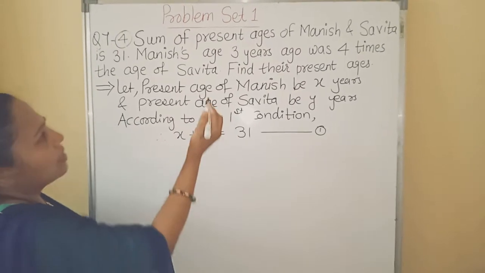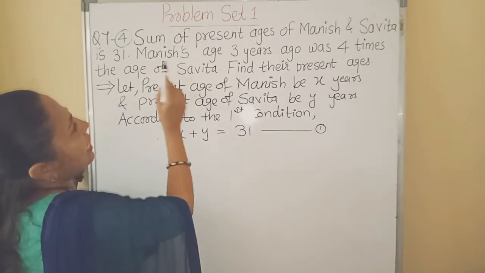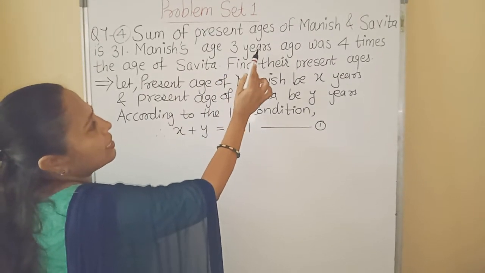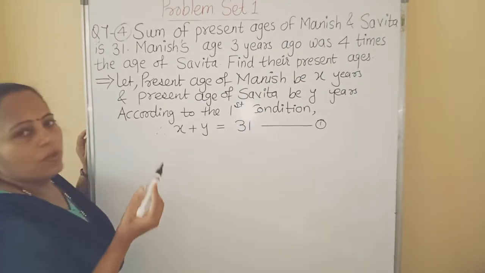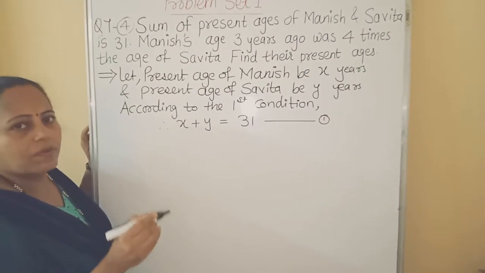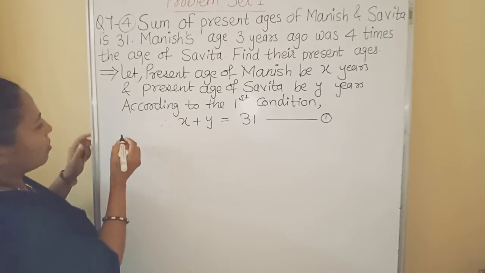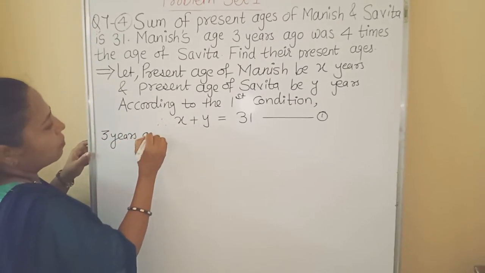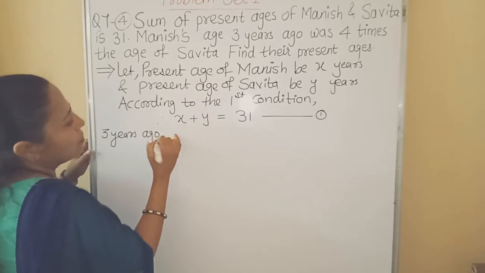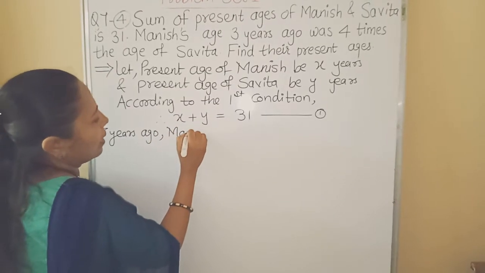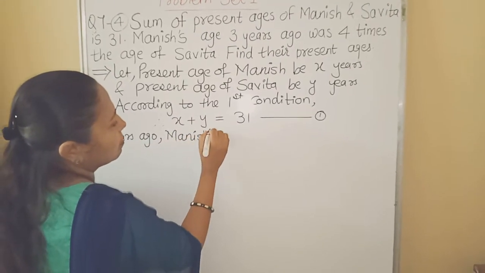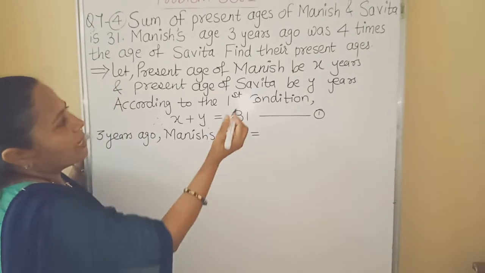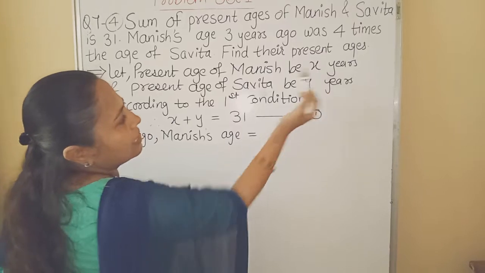Okay, students. Now the second condition is related to their ages 3 years ago. So first we will find out their ages 3 years ago. 3 years ago, Manish's age is equal to, now Manish's present age is X years.